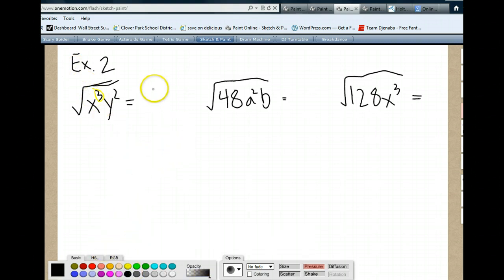Once I've simplified everything inside my radical symbol, I want to give each number or variable its own radical symbol.